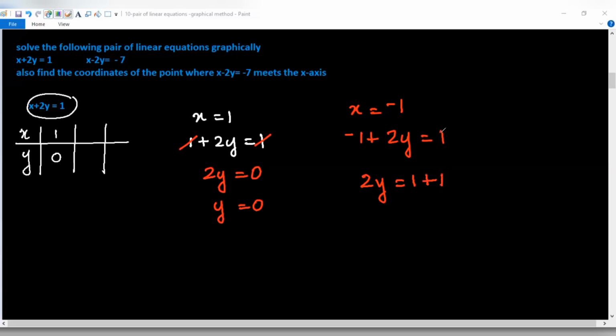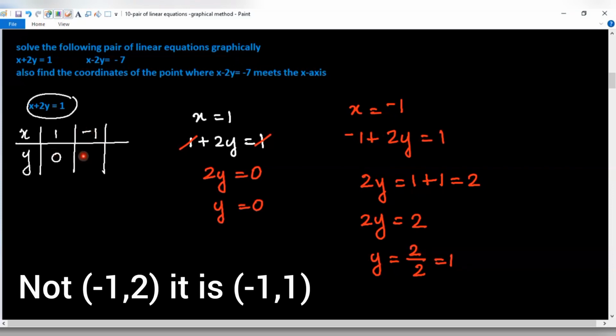Minus 1 taken to the right side becomes plus 1. So 1 plus 1, that is 2. So 2y equals 2, or y equals 2 by 2, that is 1. Thus we got another pair of integers satisfying this equation: x equals minus 1 and y equal to 1.